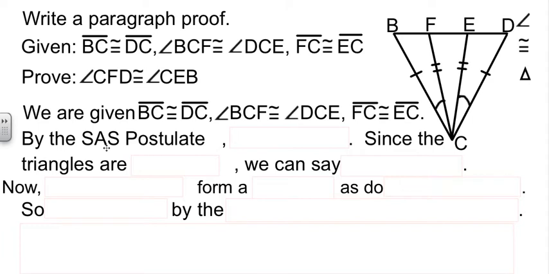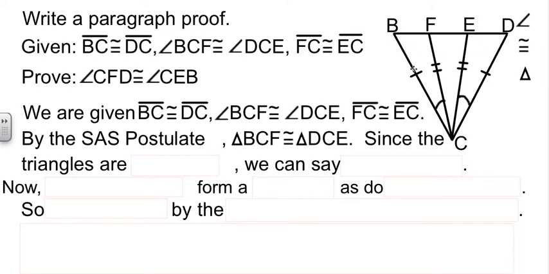Now, I'm going to say that I can use the SAS postulate. You could put the number if you wanted to, postulate 4.2, but typically people just use what they're called, SAS in this case. Since I know SAS is true, I've got everything I need to say this triangle BCF is congruent to DCE.